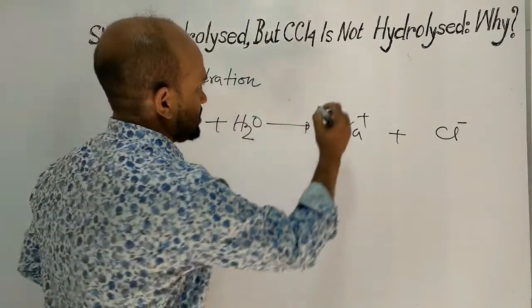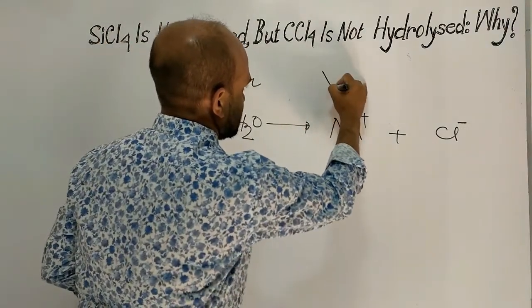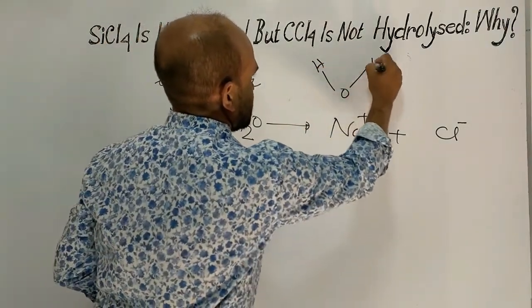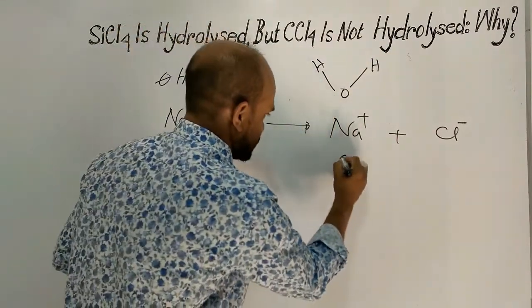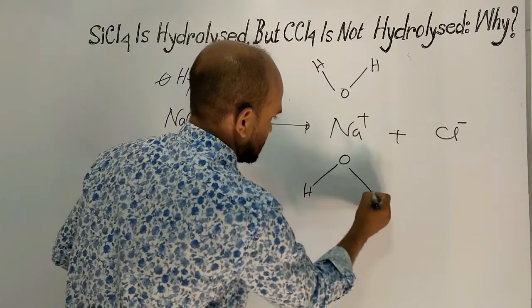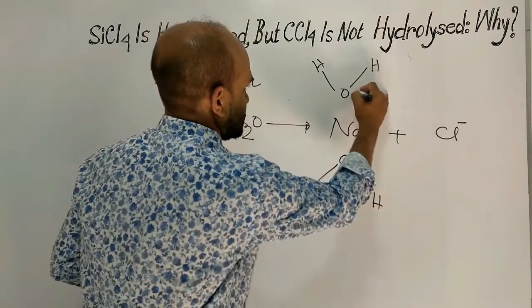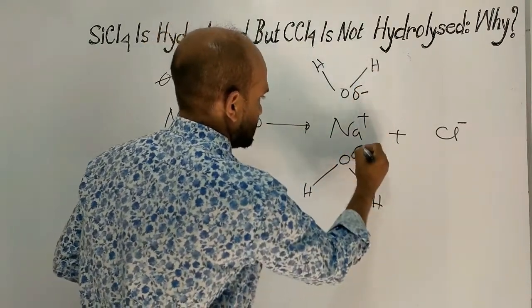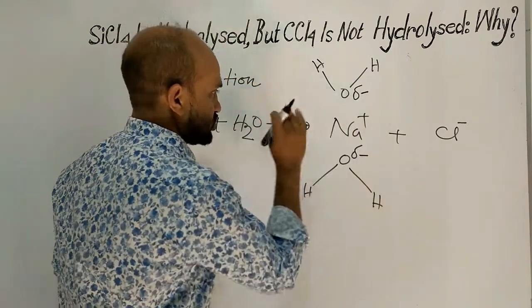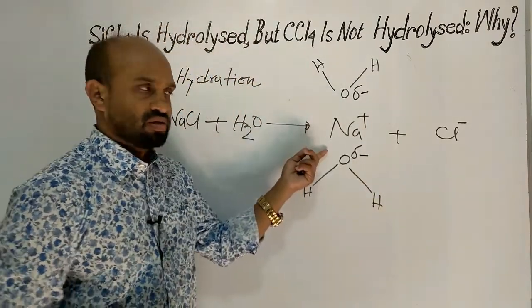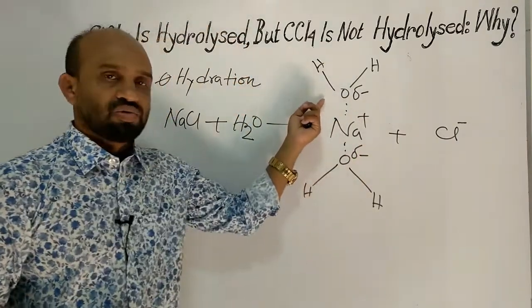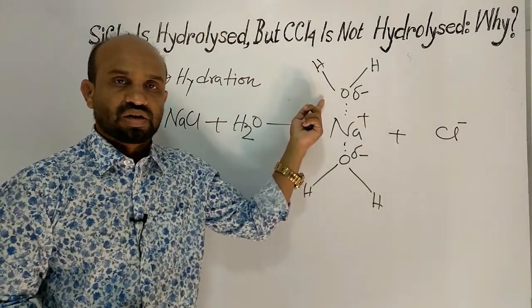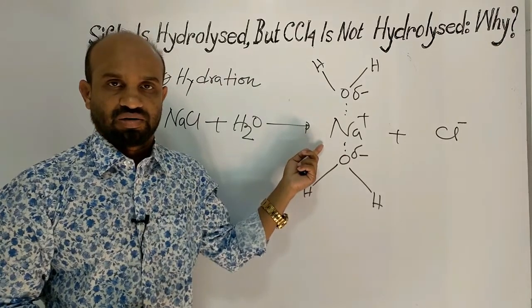This sodium ion is surrounded by the negative pole of water molecules in this way. Oxygen is negatively charged and sodium is positively charged. There is attraction, that means water molecules attach to sodium ion.